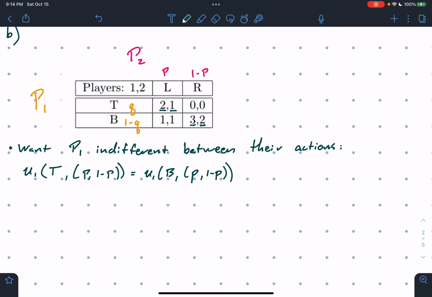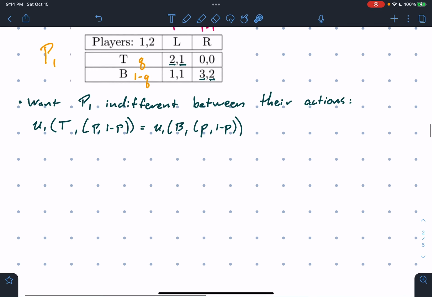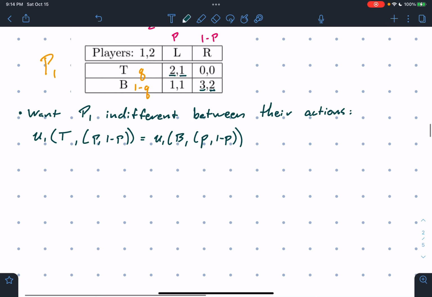If both players do this, neither player has a profitable deviation away from this strategy, so this is an equilibrium of the game when both players are randomizing. First we want to find a probability P, and 1 minus P, so that player 1 is indifferent between their actions. So we first find the expected utility of playing T, and of playing B, given this randomization chosen by player 2.